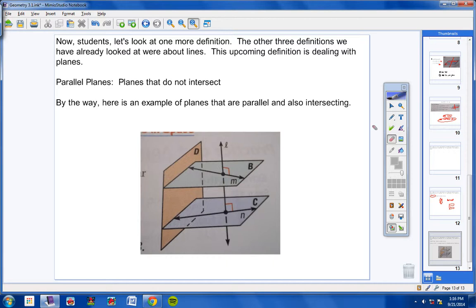However, plane B and plane D are intersecting. And notice when two planes intersect, they intersect at a line right here. Okay. Also, you could say that plane C and plane D intersect right here also.